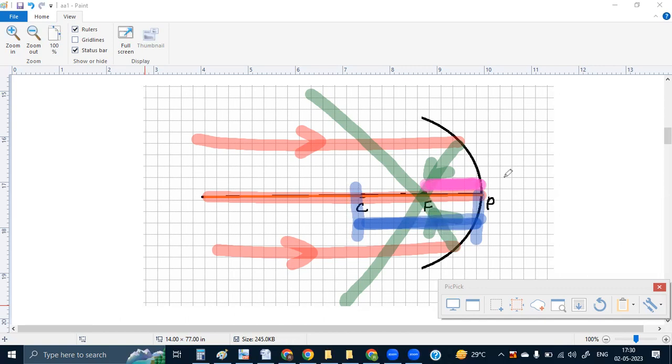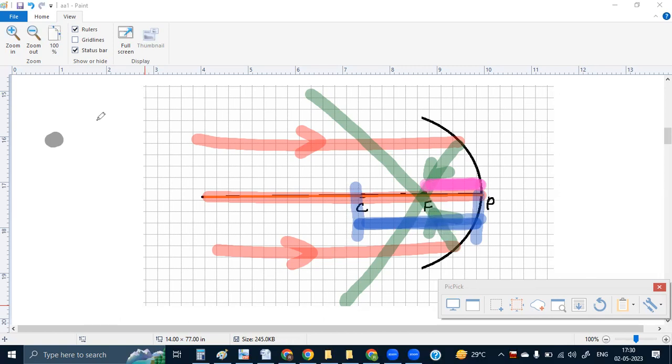Then we are going to have several ray diagrams. Five ray diagrams are going to be there depending upon the position where you place the object. The object can be placed at infinity, a distance very large compared to the focal length.